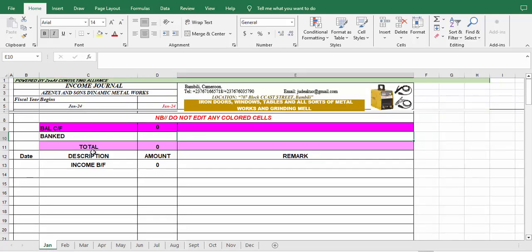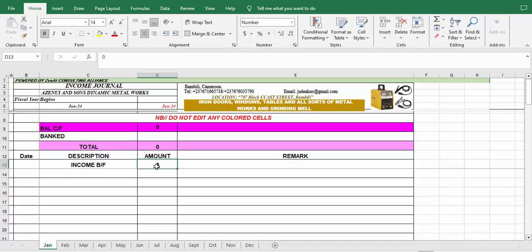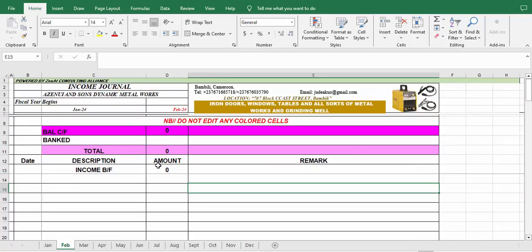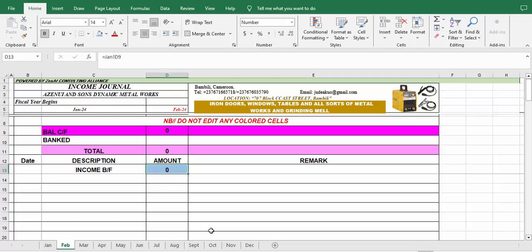Now, when we are in the month of January, forget about this column we say brought forward. For now, it is not useful in the month of January. But in the month of February, it is useful, and there's a formula there.